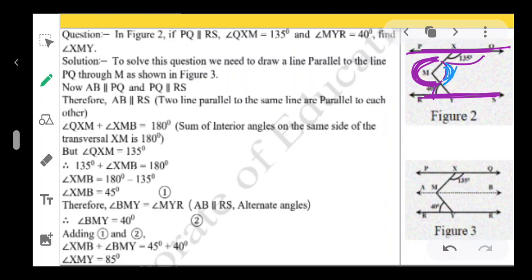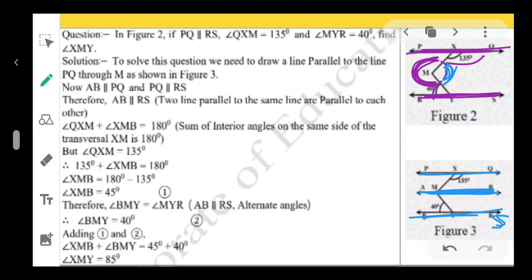Now let's do, we make a parallel line through point M in this figure also. PQ and this RS, एक correction कर लीजिए, RS parallel, and we make a parallel through M. Therefore all three lines must be parallel to each other, जैसा property अभी हमने last में पढ़ा.